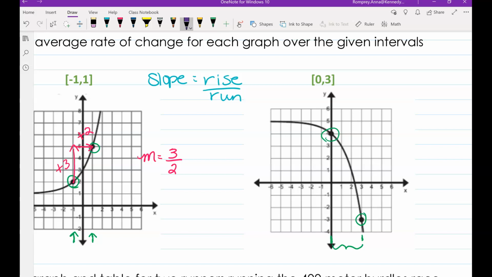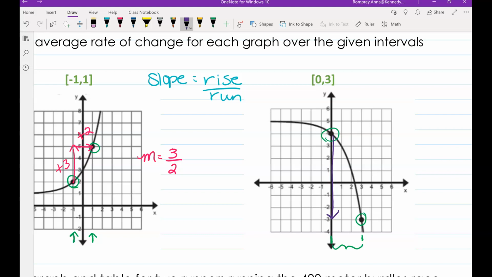Rise over run. How many am I rising? I'm not going up at all to get to that next point. I'm actually going down. Remember, don't start counting until you go to the next point: 1, 2, 3, 4, 5, 6, 7. I'm going down 7.